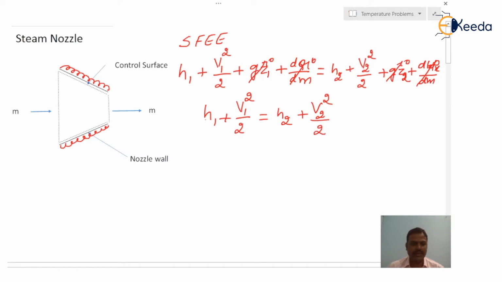Here h1 is enthalpy of the fluid at inlet, V1 is velocity at inlet, h2 is enthalpy at exit, V2 is velocity at exit.